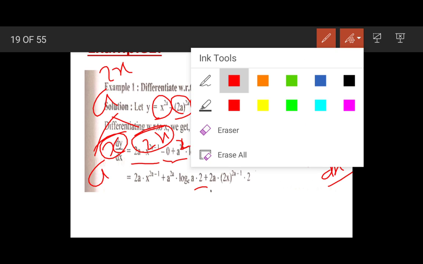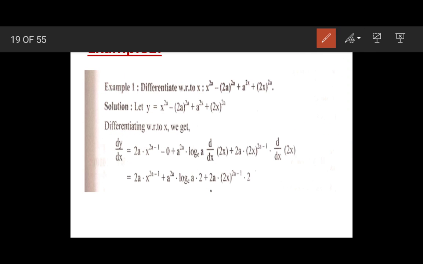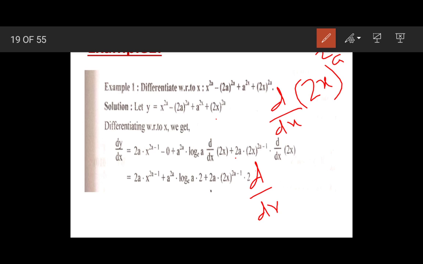Then next is the derivative of 2x raised to 2a. Now 2 raised to 2a is constant, so it will be out from the derivative. So the derivative of this part, 2x whole raised to 2a, means the derivative of 2 raised to 2a into x raised to 2a.